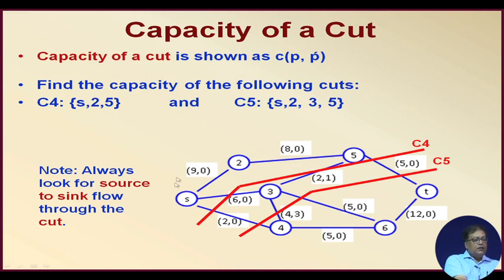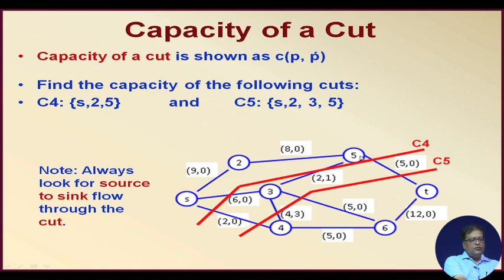Look here, this is one portion and the other side is the other portion. When you separate them, the flows from the source side to the sink side are 5 to T, 3 to 6, 3 to 4 and S to 4. That is what happens in cut C5.